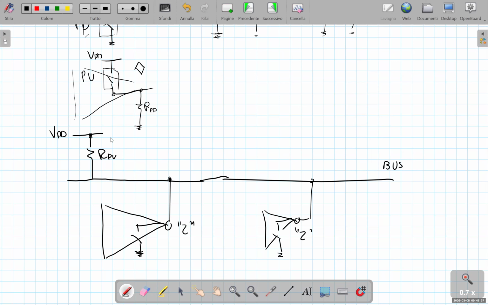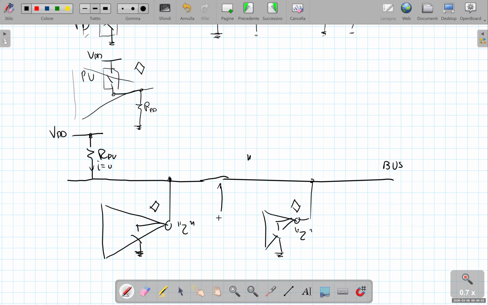In this case, when we have the situation depicted here, all the open drain gates are at the high level. Thanks to the pull-up resistor, no current flows through the pull-up resistor, since all these switches are open.